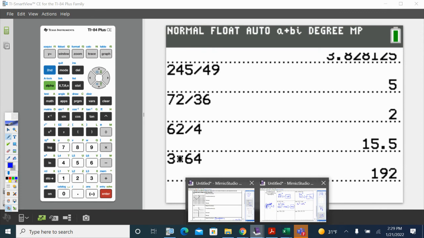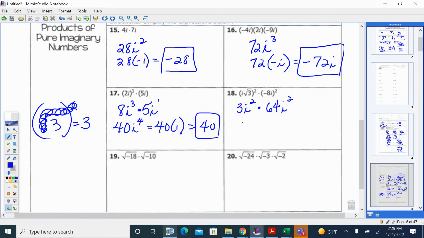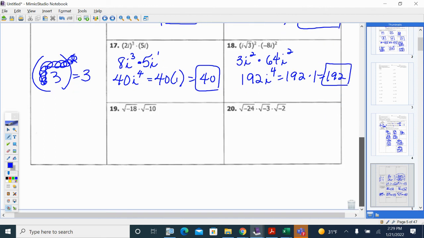So I get 192 i to the, add your exponents, 4th power. And you now know that i to the 4th power is a positive 1, which gives us 192 for our final answer on number 18.